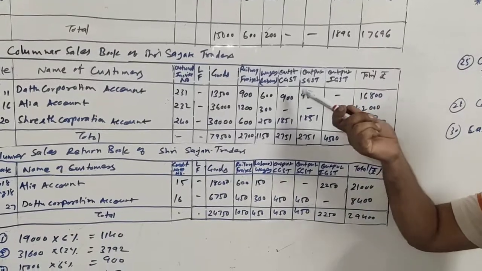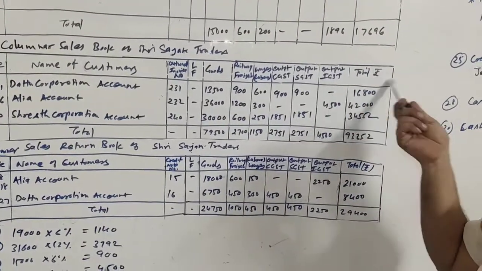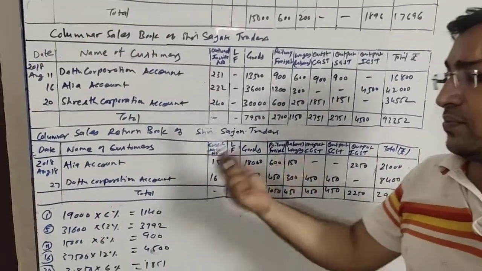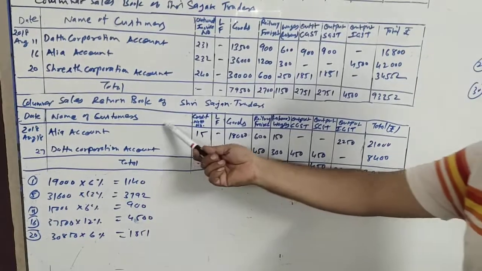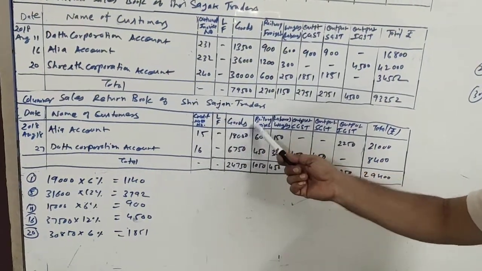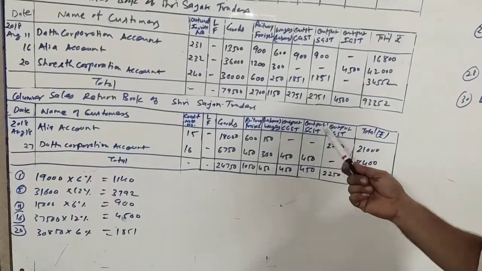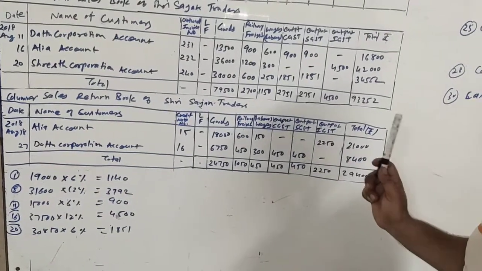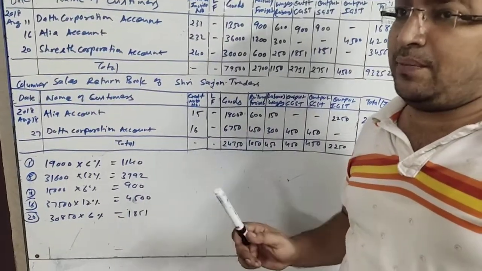Here goods are going out, so output CGST, output SGST, output IGST, and total. The same columns will be in the sales return book: date, name of customer, LF, goods, railway freight, labor, output CGST, output SGST, output IGST, and total, and one column for credit note number.